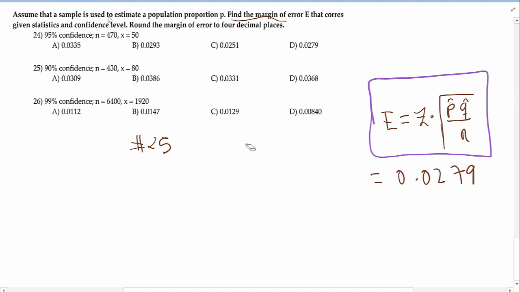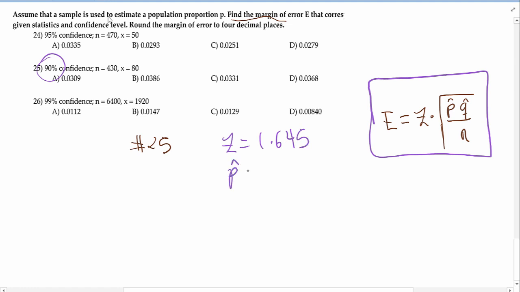Let's start with the z-value. What is the z-value? Since we are creating a 90% confidence interval, we know that the z-value for 90% confidence is 1.645. Again, we calculated that earlier.